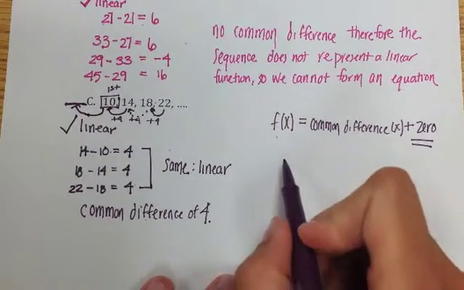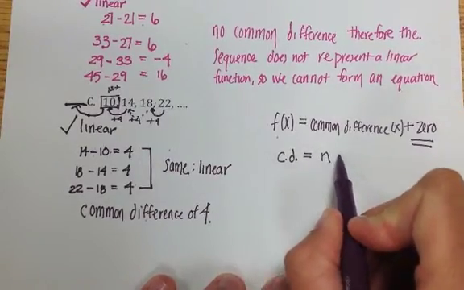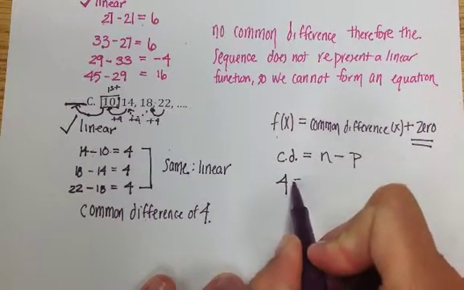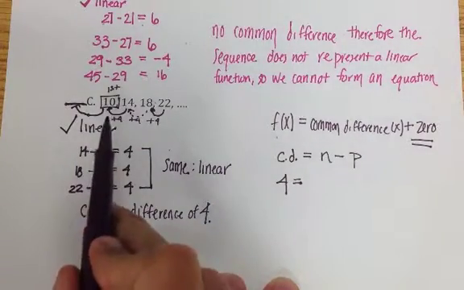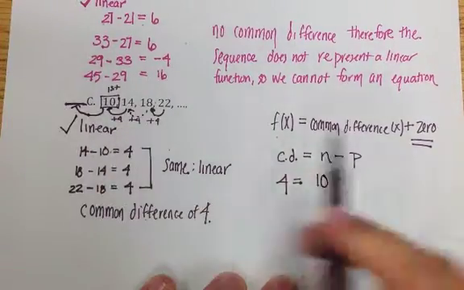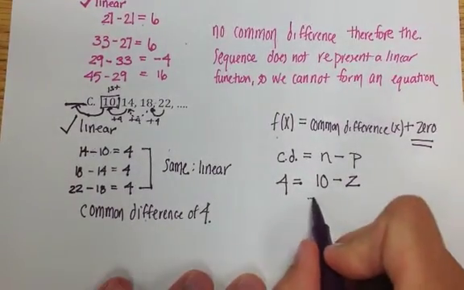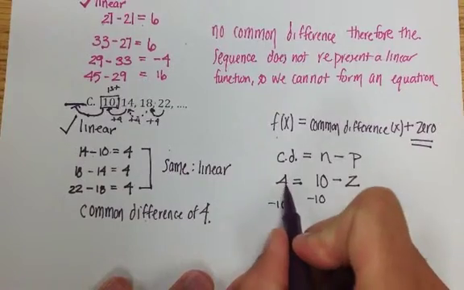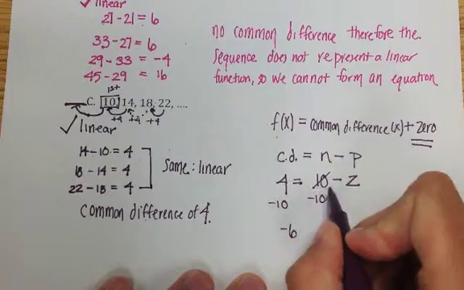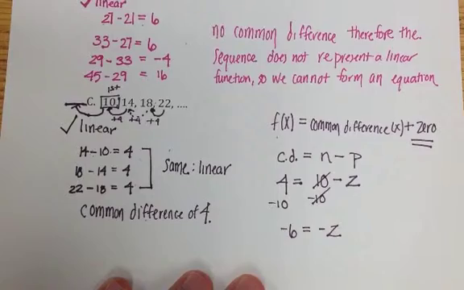Or we would think about it in terms of our common difference equaling that next minus our previous. We've concluded our common difference is 4. Our next term is 10, which is our first term, minus that previous term, which we're solving for, which is that 0 term. So we would minus 10 over. 4 minus 10 would be negative 6. 10 minus 10 would cancel out, and you have negative z, or that negative 0 term.